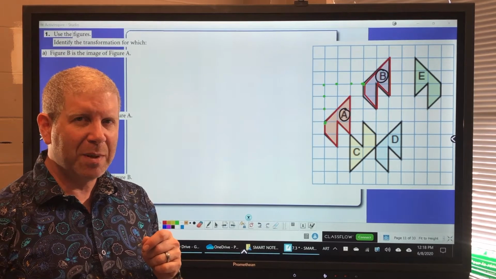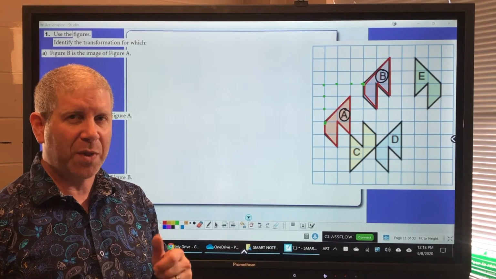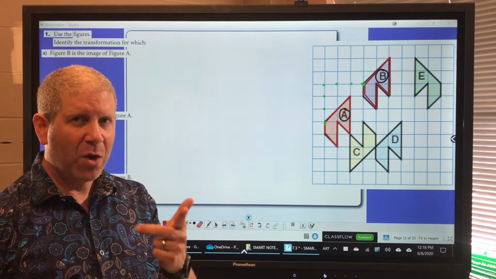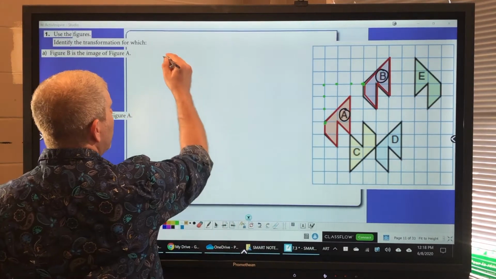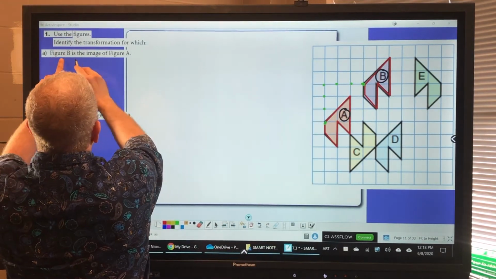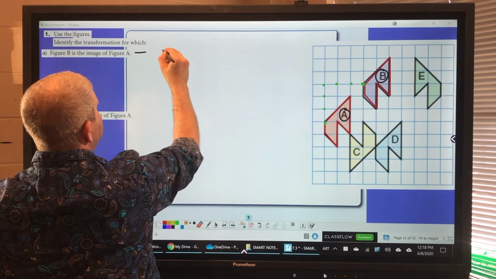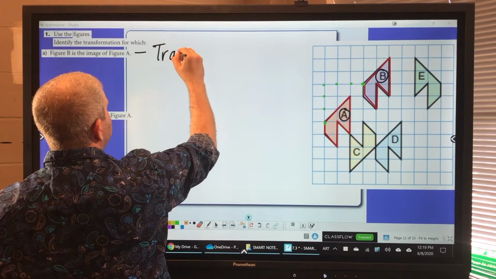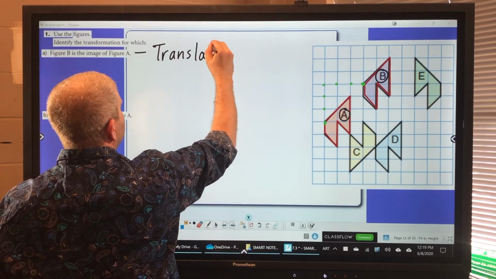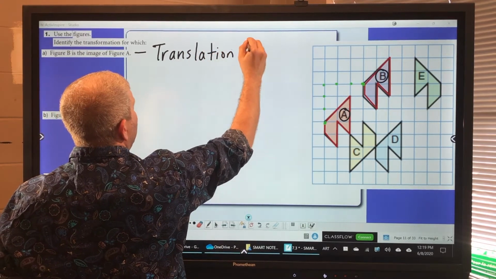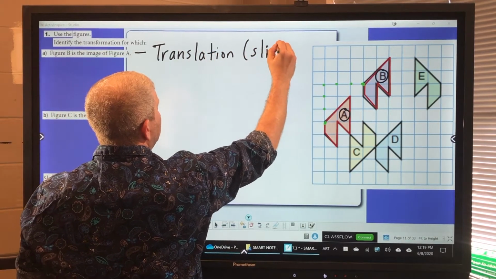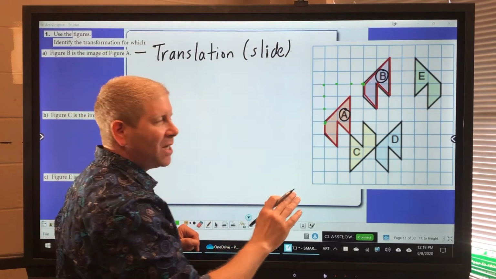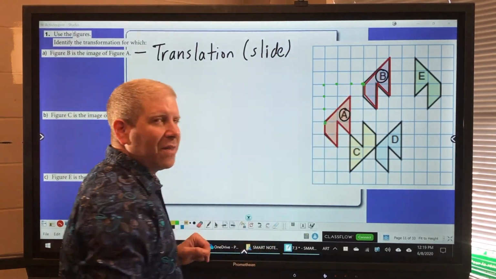And the next step is how to write the answer. And this is extremely important for all transformations, whether you're translating, reflecting, or rotating. So we are going to say, figure B is the image of figure A. The transformation is going to be a translation. And by the way, sometimes that's referred to as a slide, because as you see, I could simply slide the shape over.